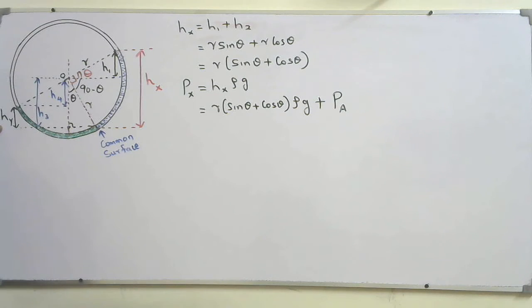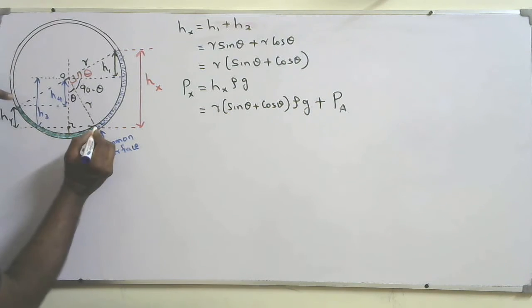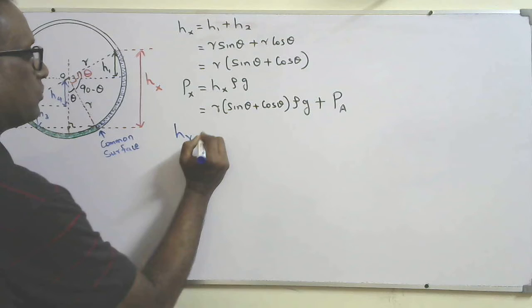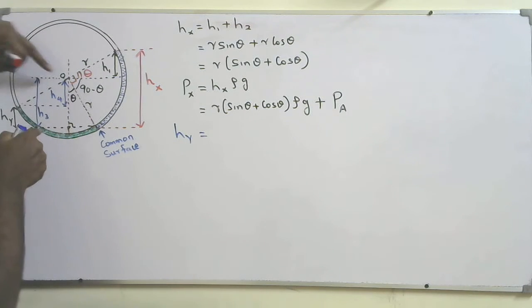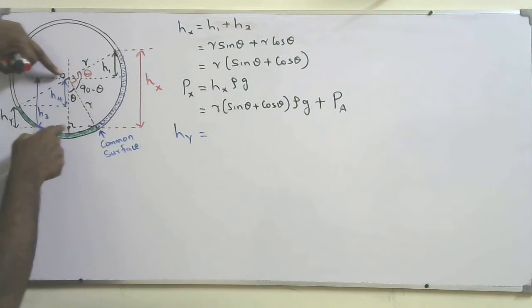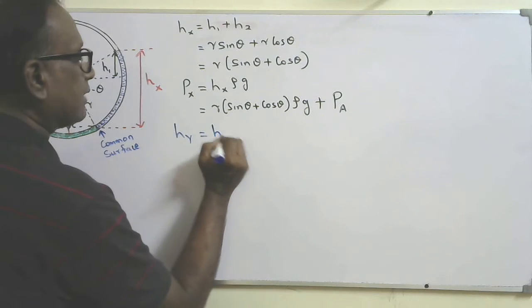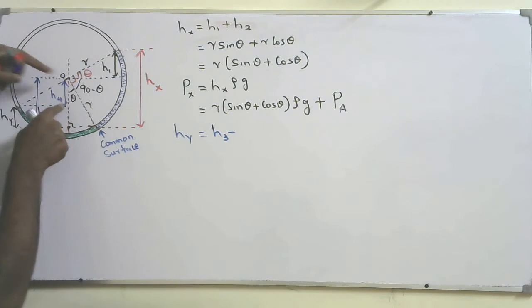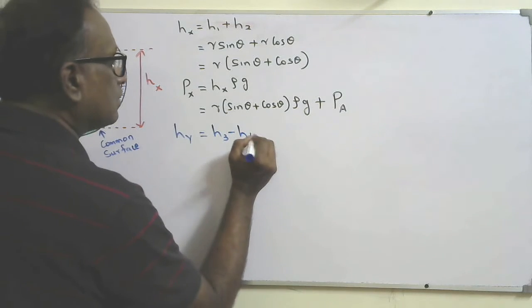So HY is the vertical height of the free surface of liquid Y above the common surface. So HY is equal to this height from the center to this point, that is H3, minus this height in this right angle triangle, H4.